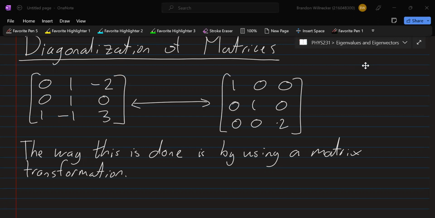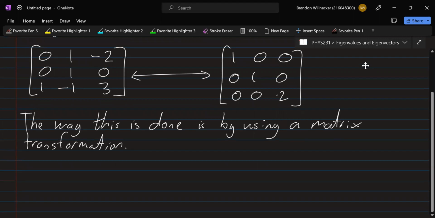We take a vector, we multiply it by a matrix, and we get ourselves another vector that's been transformed. When we're dealing with matrix transformations, it's fairly similar, but instead of vectors and matrices with one-sided multiplication, we do a two-sided multiplication. Okay, so what do I mean by that?